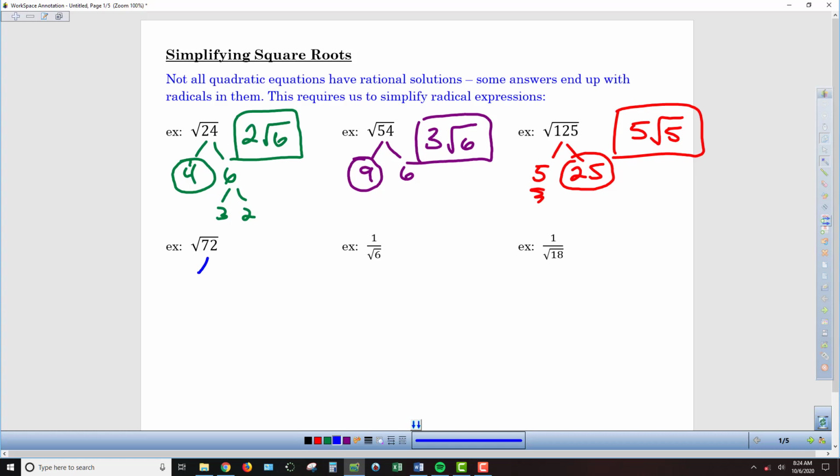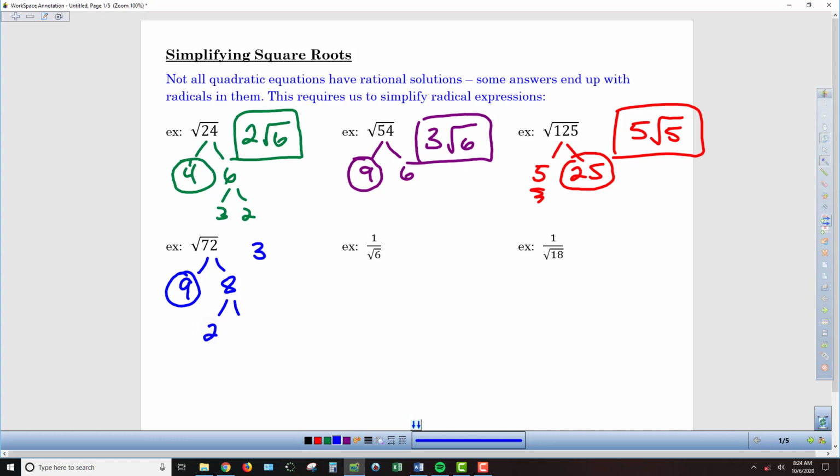Jumping to the bottom row, square root of 72. For this one, we could break it into 9 times 8, right? There are plenty of options as to how we could have broken this up, but if we go with 9 times 8, I see that I have a perfect square here in the 9, so I'm going to be able to take that out, and I'm going to have a 3. But then I've got this 8 that I have to continue to factor tree down.